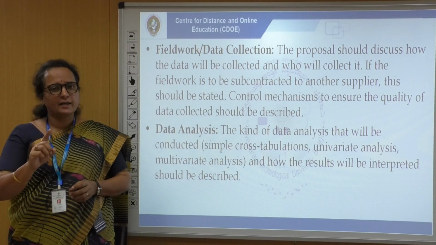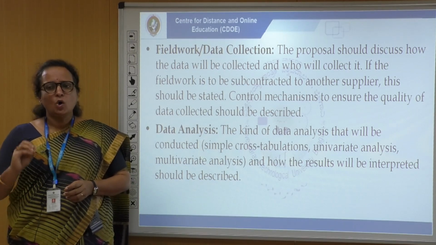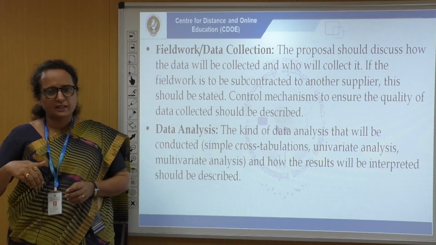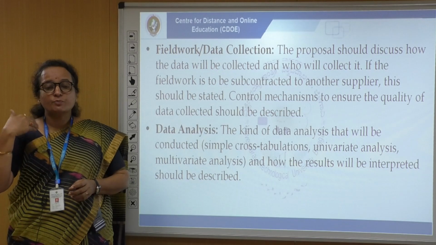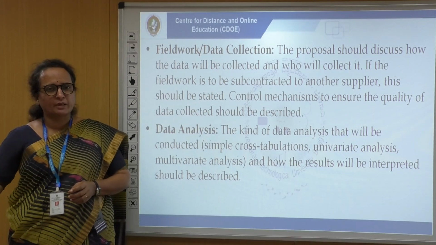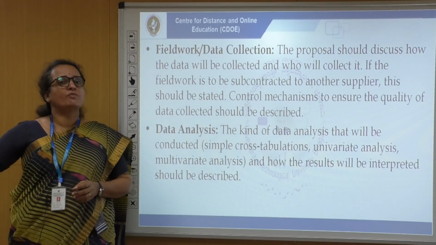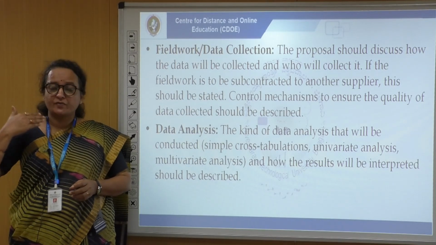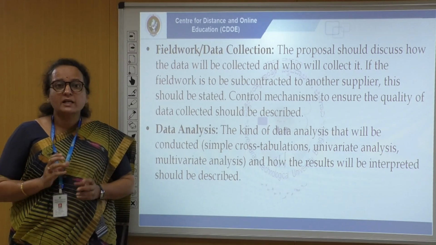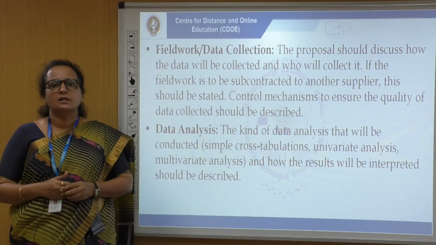So in data collection, we have to clearly specify what type of data we are collecting, who will be collecting it, and which method you are using, whether interview, observation or experimentation. Again in interview there are different types of interviews, in observation different types of observation, and in experimentation different types of experimental design.